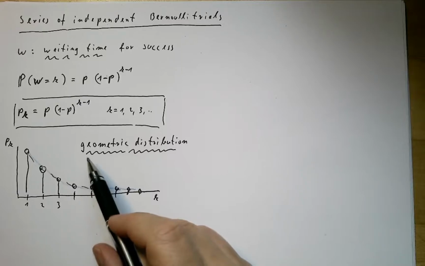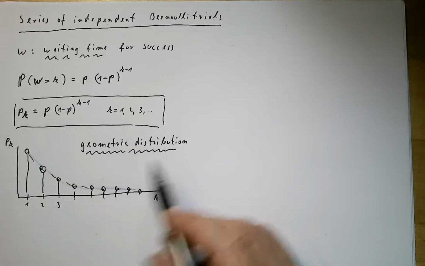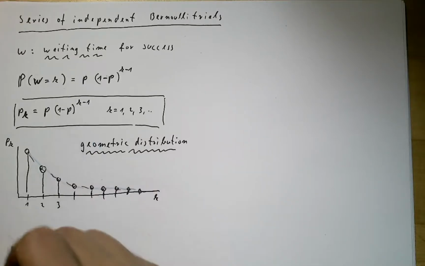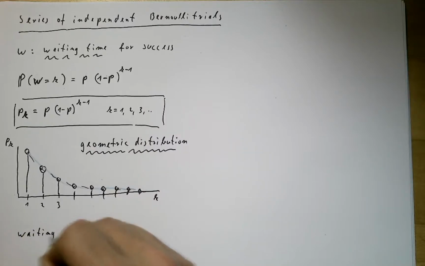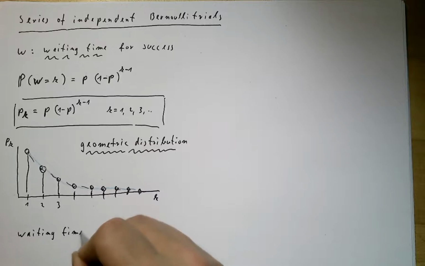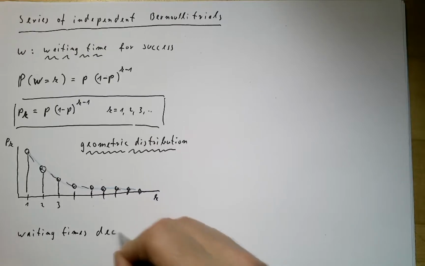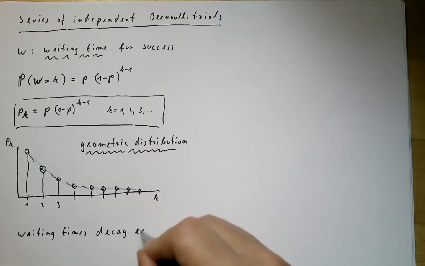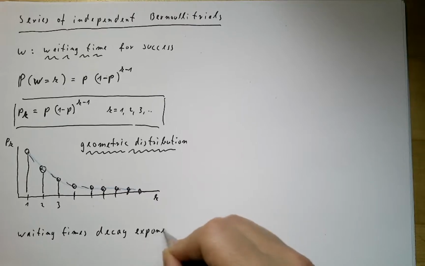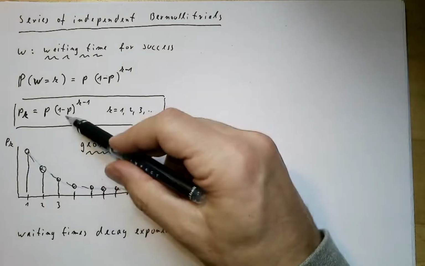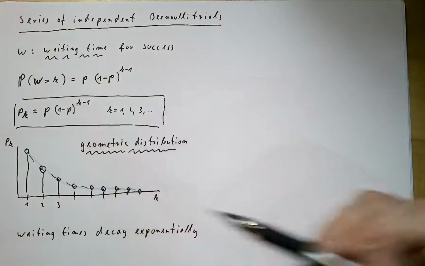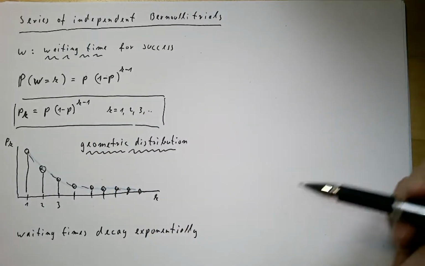So waiting times follow a geometric distribution, and so waiting times decay exponentially, because something is to the power k, so this goes exponentially with k.